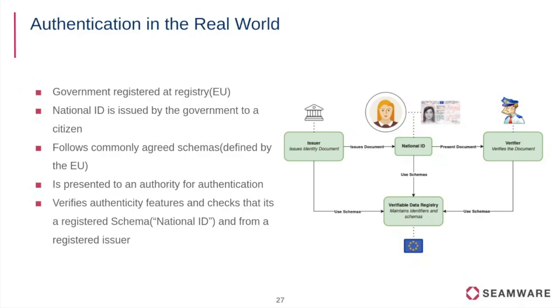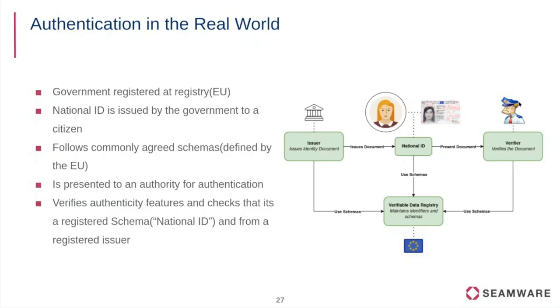My identity card contains certain identity features where it can be checked that it's actually issued by the government, and that the verifier can trust in the properties written on this document. So because it's issued by the government and it can be independently verified, the police officer now can trust my address, my name, and so on.